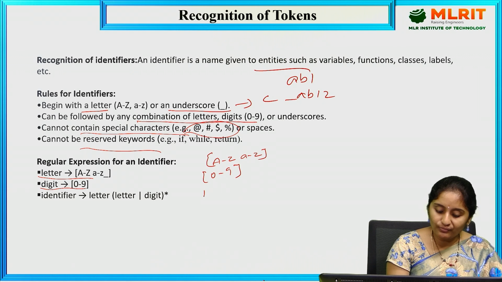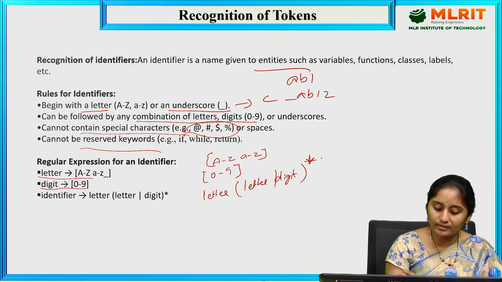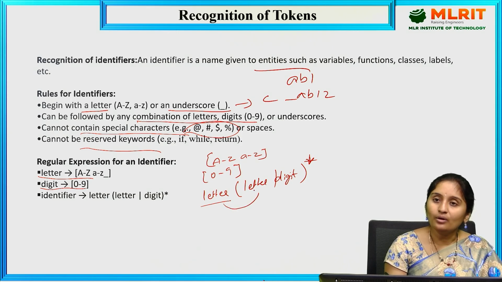It should start with a letter, followed by letter or digit. The star points to zero or more occurrences. It starts with a letter and it will be followed by letter or digit.